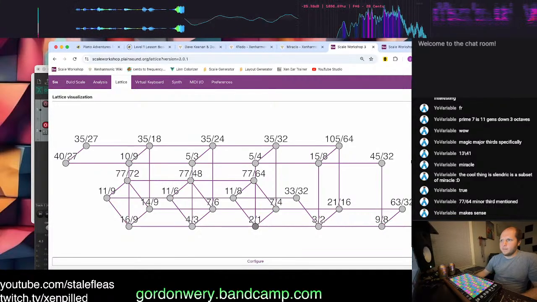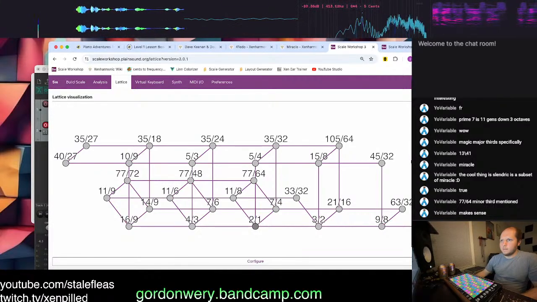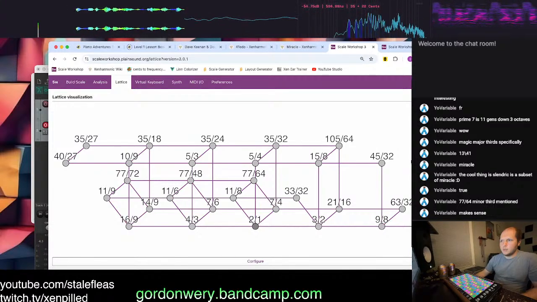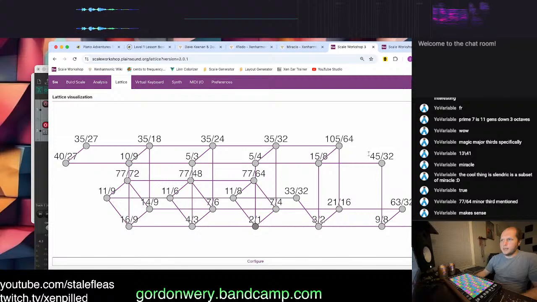What I try to do with JI scales is make sure that wherever you are in the scale, you have a good amount of options. In any JI scale like this you're going to run into corners that seem like endpoints, but you obviously have a good mixture of thirds, fifths, sevenths, and even a few 11s.